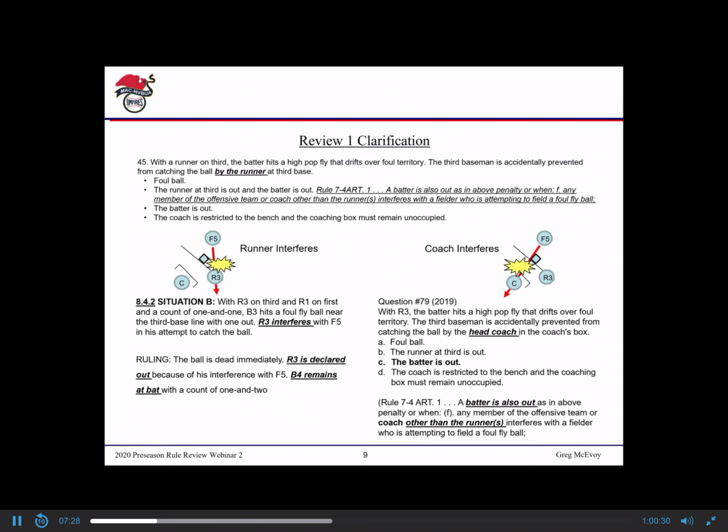And in the example on the right, where the coach interferes, now the batter is going to be declared out. So unless I'm missing something, we really don't have the right answer in this particular rule question. I answered B as being closest, but B is really not correct either. So I guess we'll wait and see in March when the answers come out. I just wanted to pass that on to all of you.